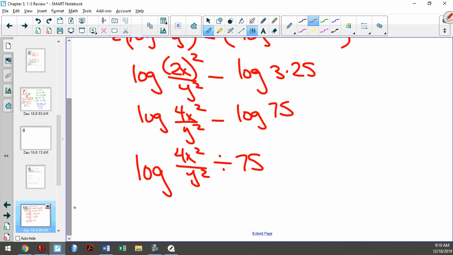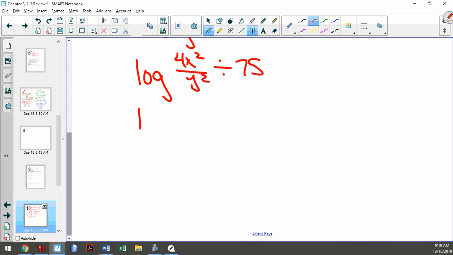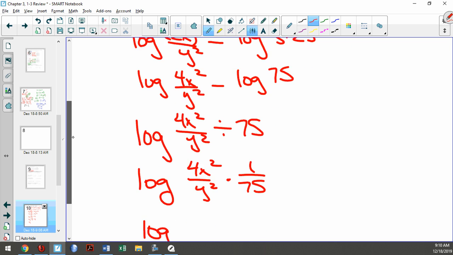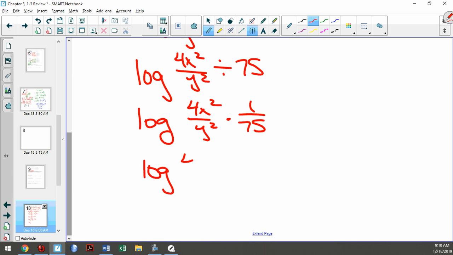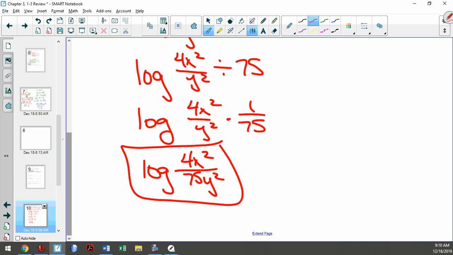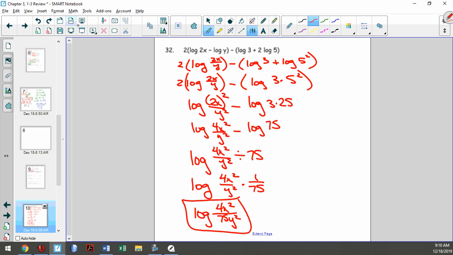When you divide by 75, what are you actually multiplying by? 1/75. So what you actually have is log of 4x squared over y squared times 1 over 75, which is simply log of 4x squared over 75 y squared. That is done. So is that a little bit more involved than what you thought it was?